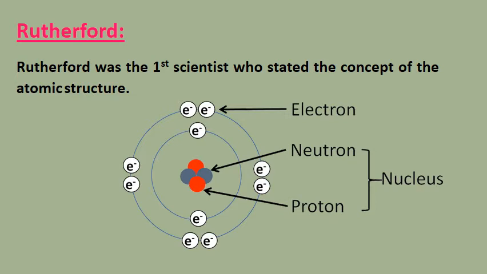This part is called the nucleus. Okay, and he said that there is a large space between the nucleus and the orbit, so most of the atom is space, and the mass of the atom and positive charge are concentrated in its nucleus.